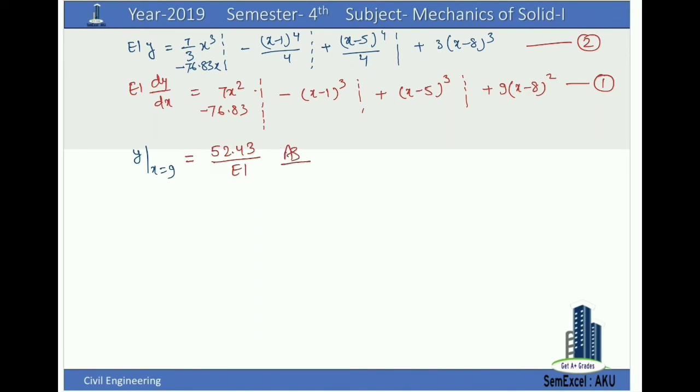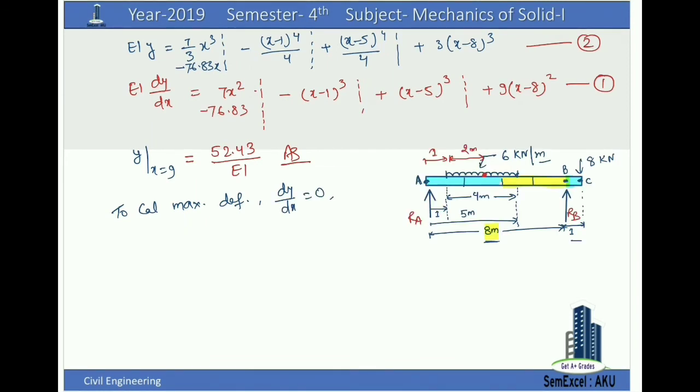Again we have to calculate the maximum deflection between A and B. So wherever there is a maximum deflection, the slope is equal to 0. So to calculate maximum deflection, dy by dx is equal to 0. Now we have to do trial and error to calculate the location where there is a maximum deflection.